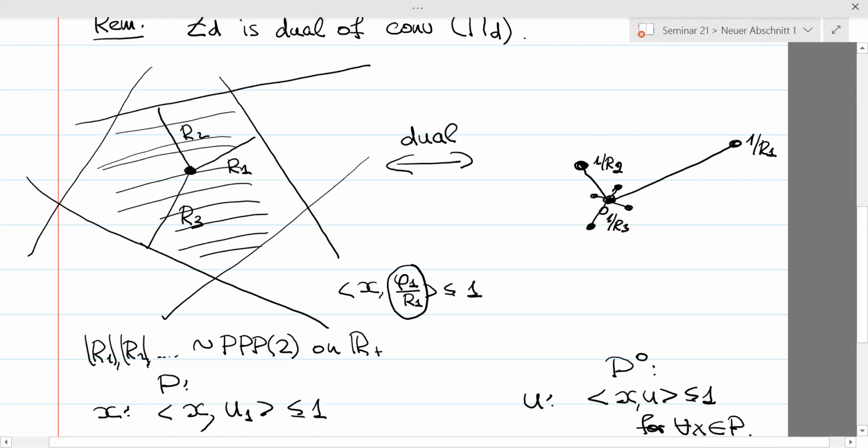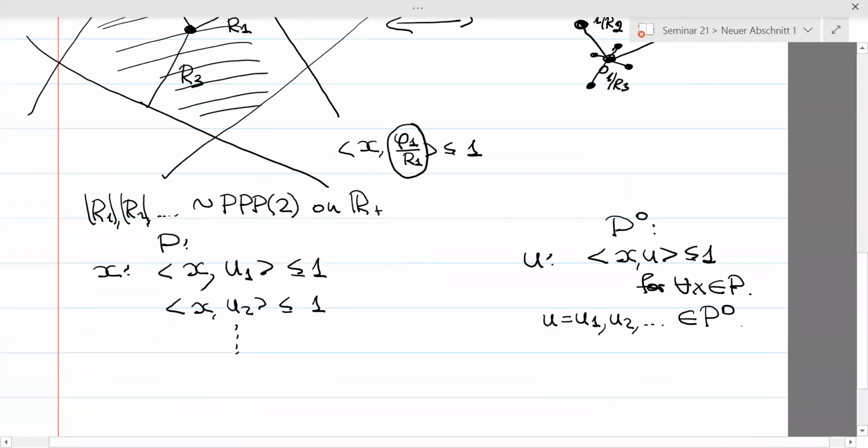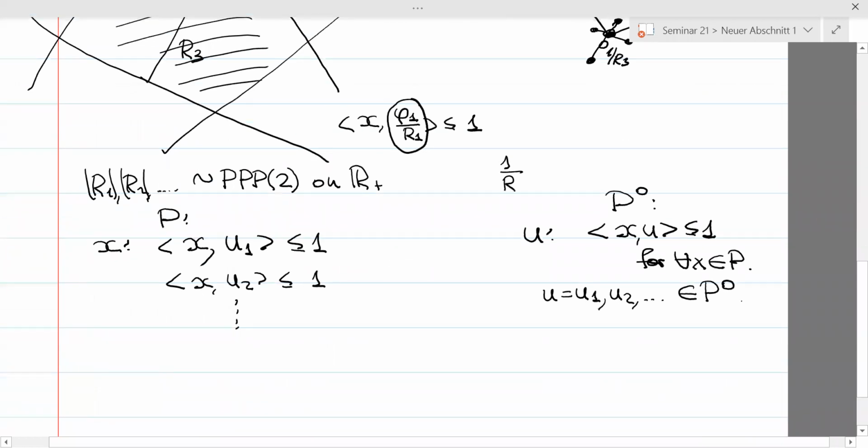Now we know that R1, R2, and so on form a Poisson process, which is homogeneous on the real line. It's easy to compute that 1 over R1, 1 over R2, and so on is another Poisson point process, but now it is not homogeneous. It has some intensity on the positive half line, given by 2 over s squared, s greater than 0.